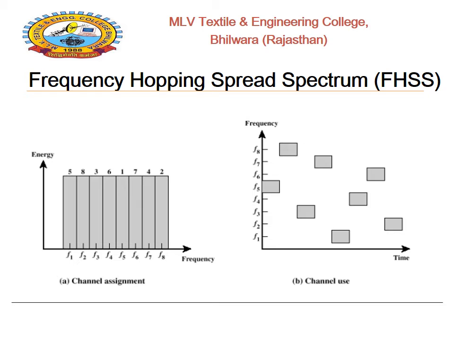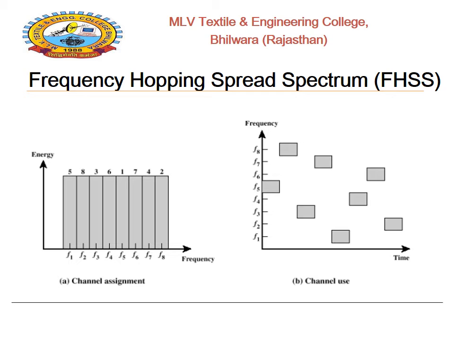The second one, channel usage, represents how the particular frequency changes according to time. Here we consider the time slot T1, which is related to F5, as shown in figure B. Next, the time slot T2 is related to F8.